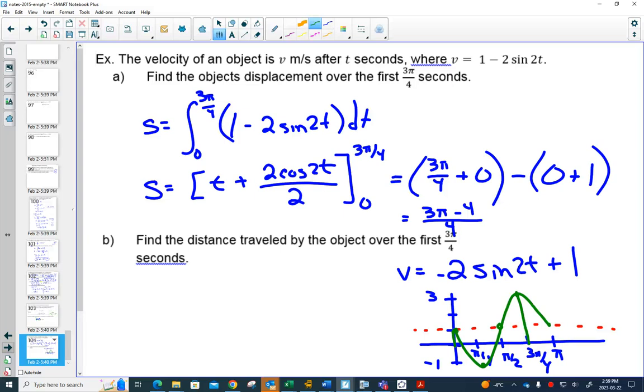If this was non-calculator, I would need to find out this point and this point, and figure out that this area would be positive, and this area would be positive, and this area here would be negative.